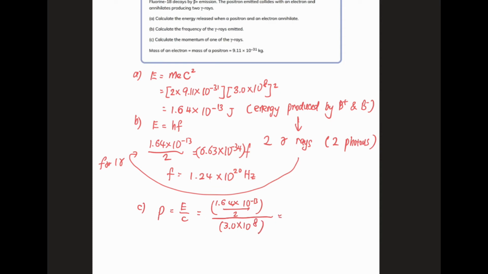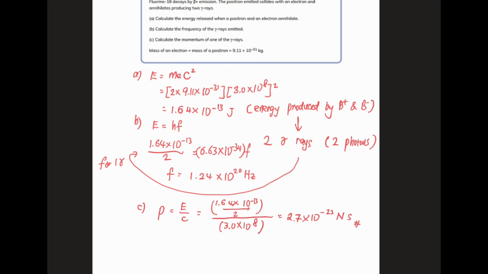Okay, then we just count this, then you end up with 2.7 times 10 to the power of negative 22 Newton second. Okay, so in terms of two significant figures, this will be the answer.